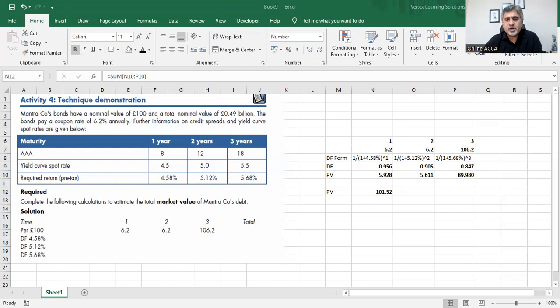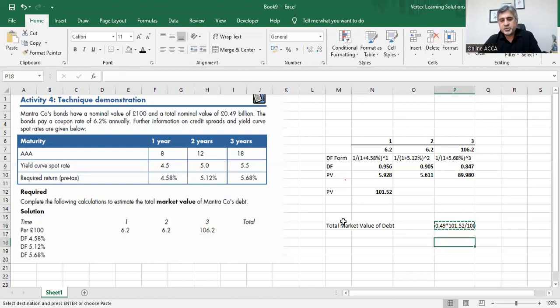So the total market value of debt would be 0.49 billion multiplied by 101.52 divided by 100. So the proportion. So a $100 bond is being sold for 101.